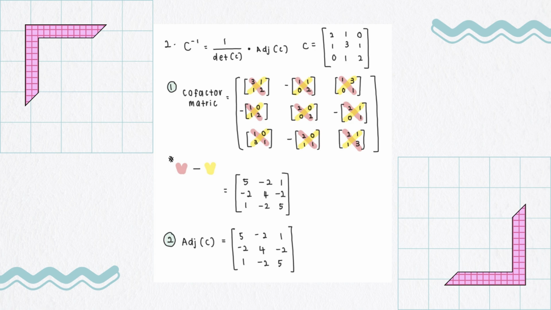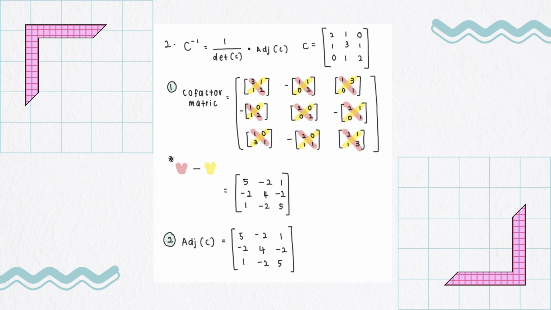For the second one, 1 times 2 in the highlighted red, then minus 1 multiplied by 0. So we get 2, but because this position has the negative sign, we add the negative sign. The same goes for the other elements.